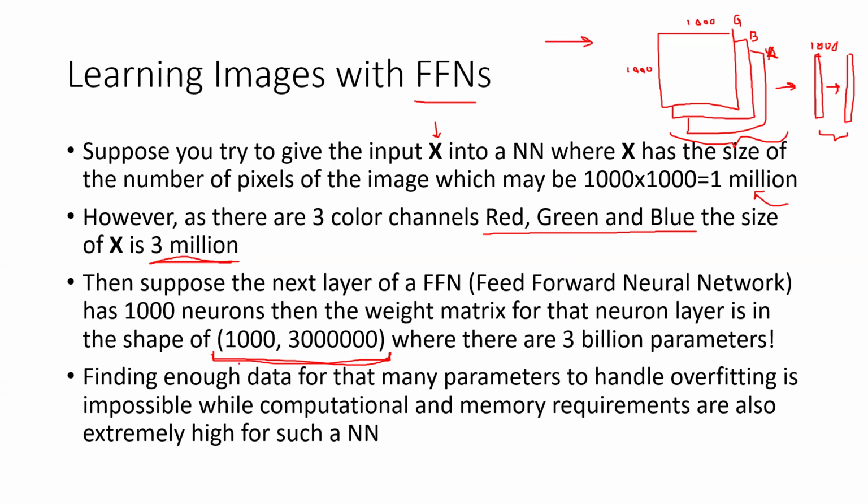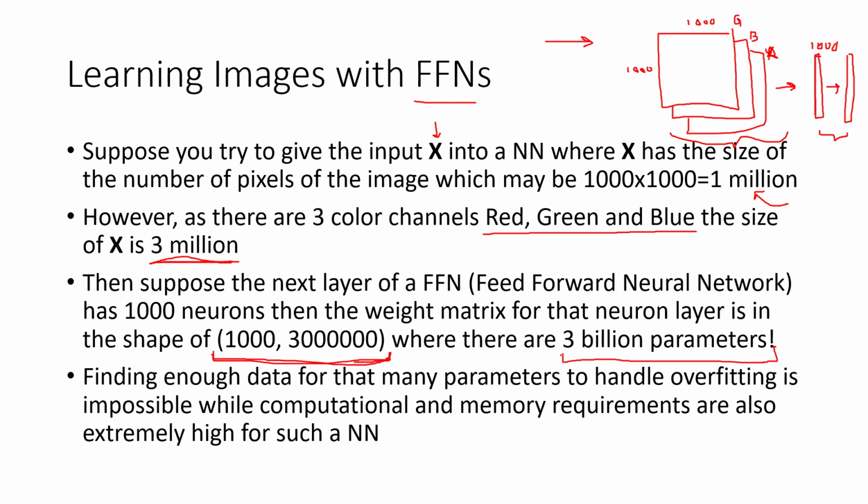So if you just think about the number of parameters in this first layer, there would be 3 million times 1,000, that is 3 billion parameters, right? Which is a very large number. So when you want to train a neural network having 3 billion weight values, that would need a lot of data to be trained, right?